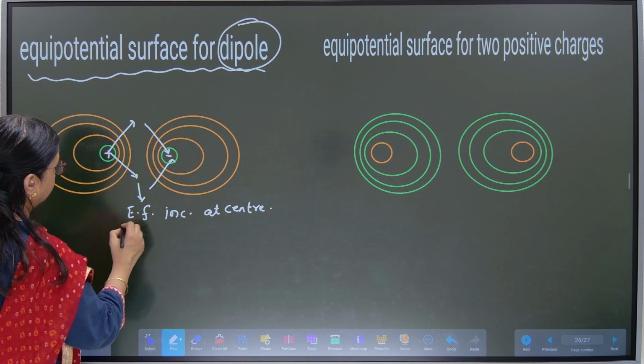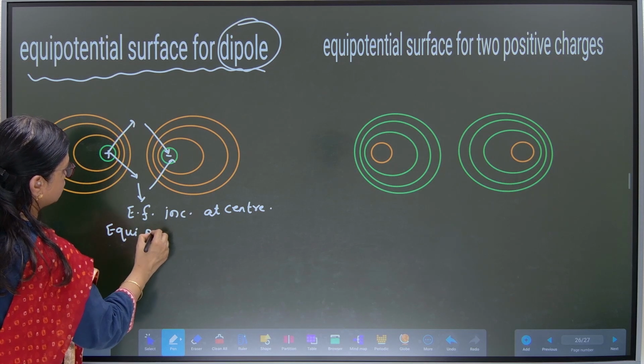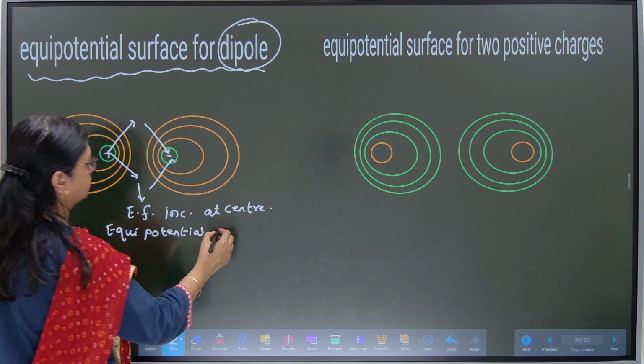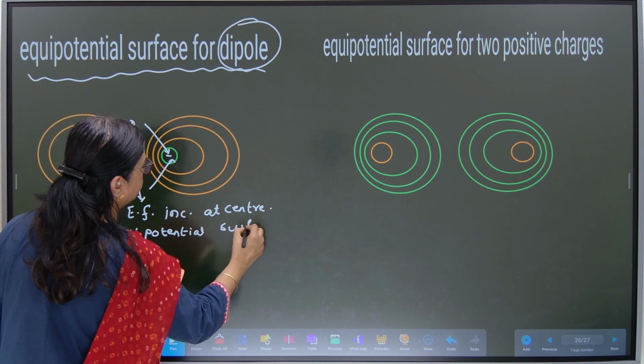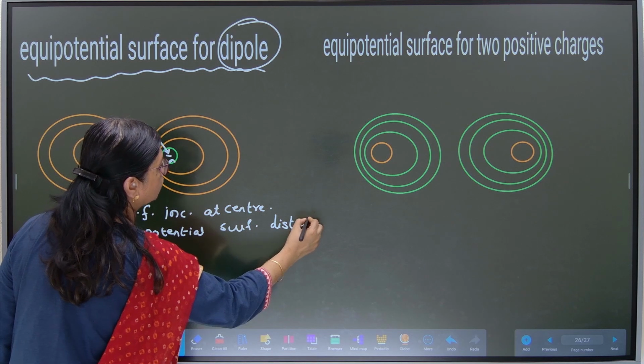Due to this, the equipotential surfaces will be distorted. These are the words you have to remember.